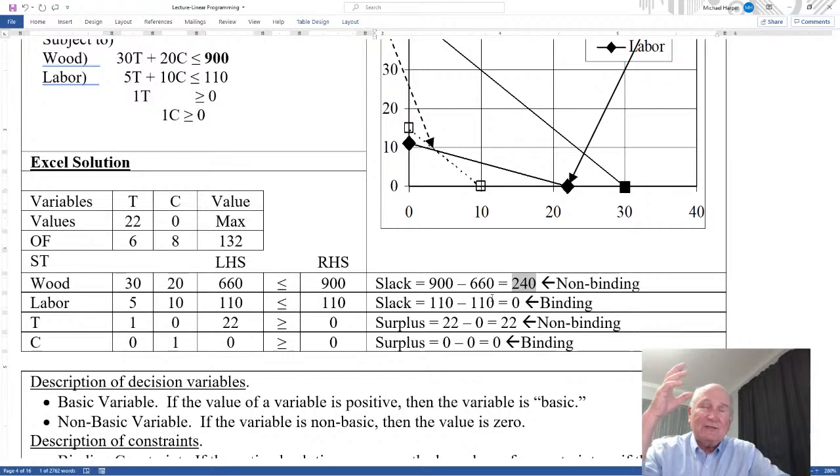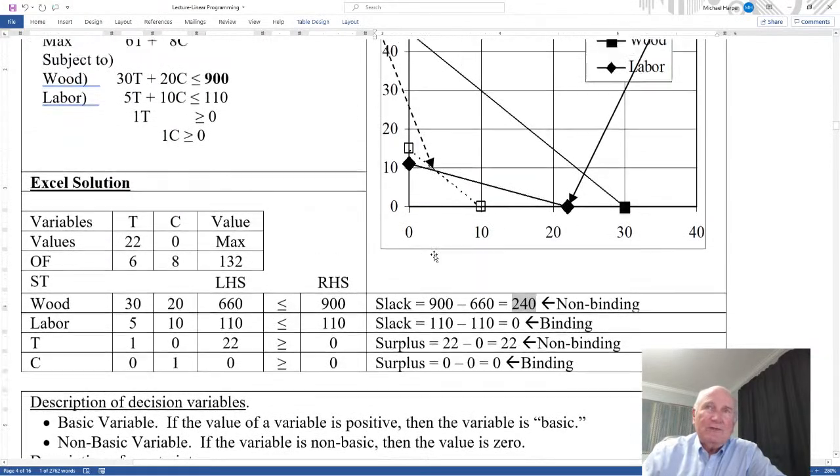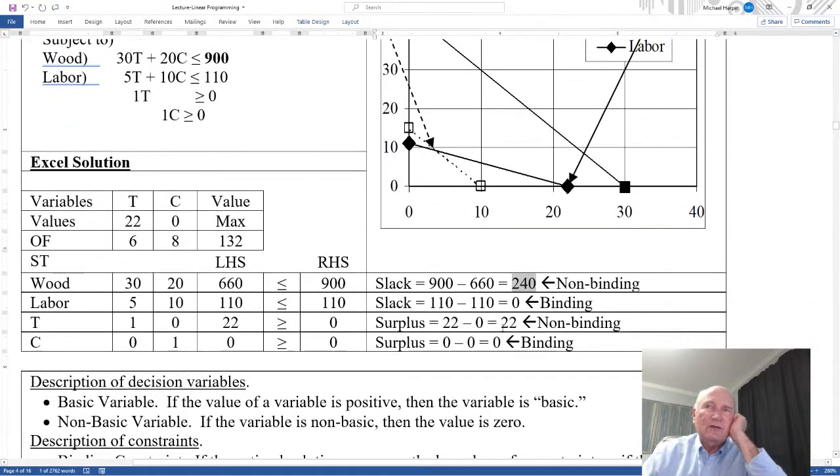And by the way, slack and surplus is not my language. That's what came down the pike. Okay, and actually, this is in business and other disciplines. These have different terms, different words which I like better. But I'm using this because we're in business. So binding constraints are going to be important.